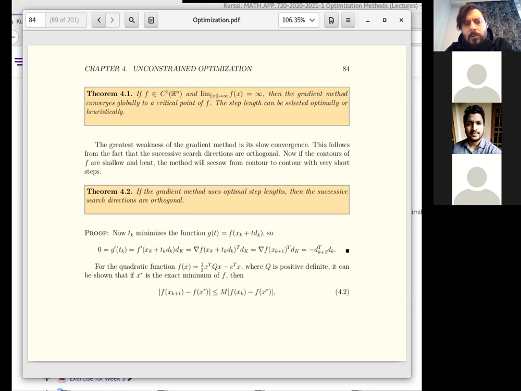Let's furthermore suppose that we express it in a matrix form such that the matrix Q is positive definite. This means that the function is convex, because its second derivative is Q, which is positive definite. Because it's convex, a local minimum is a global minimum.